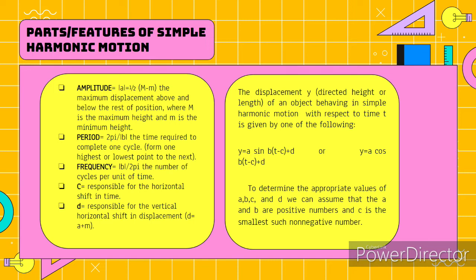Both are the equations of simple harmonic motion. To determine the appropriate values of a, b, c, and d, we can assume that a and b are positive numbers and c is the smallest such non-negative number.